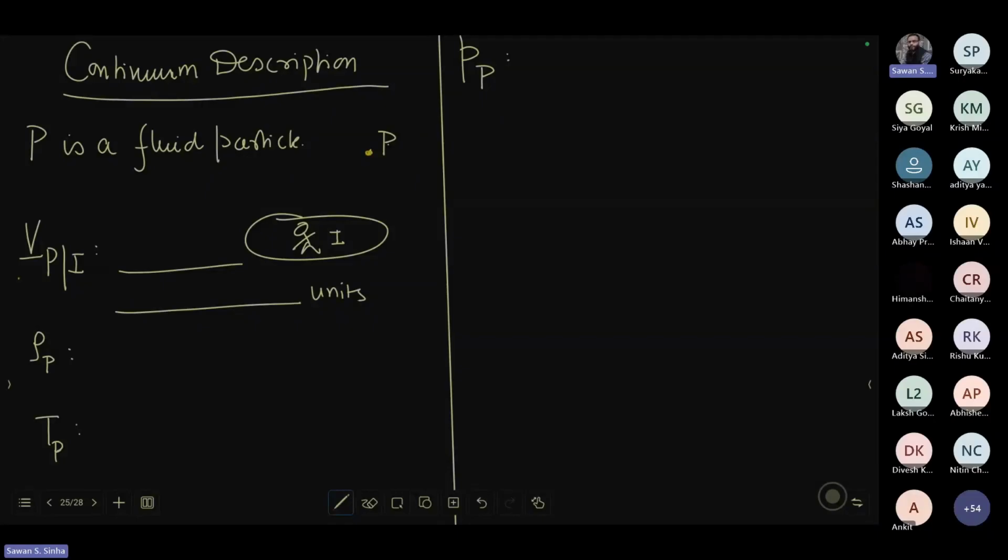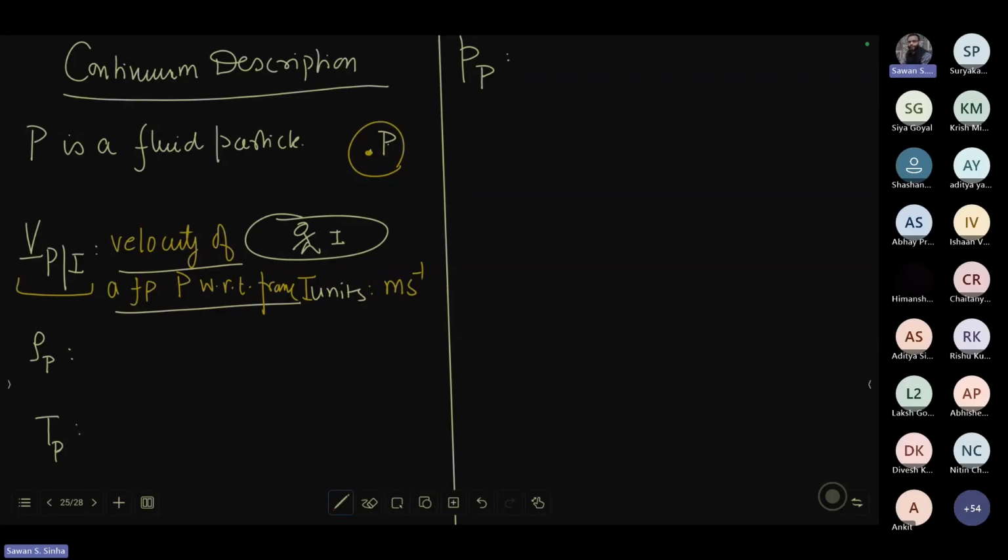We will use this symbol VPI. VPI is what? Velocity of this fluid particle, FP, P, with respect to frame I. As units, of course, meters per second.